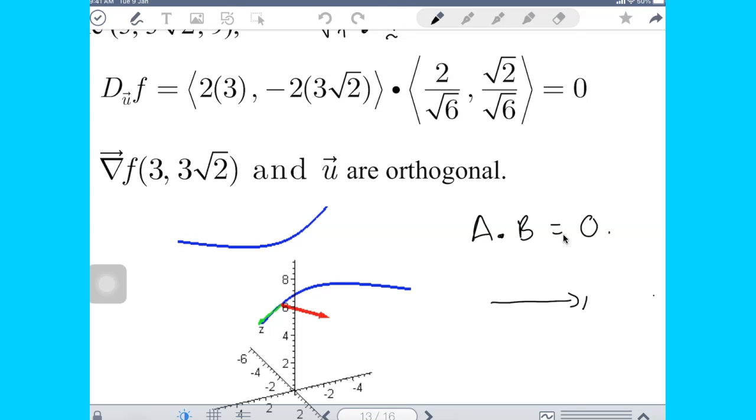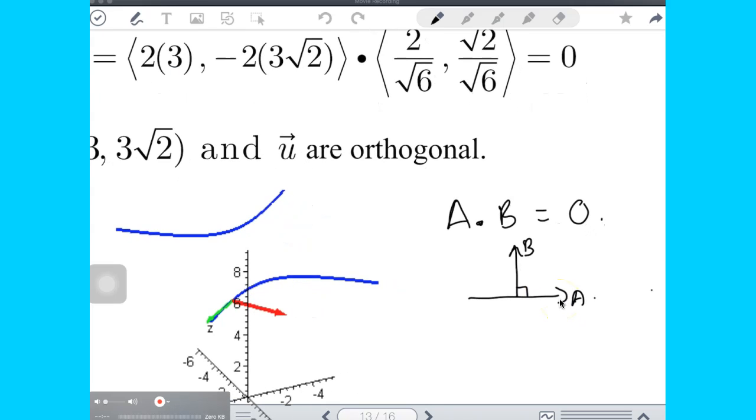So let's say this is A, and this is B, and they are perpendicular to each other, or we can say that A and B are orthogonal. In this case A is the gradient f and u is the unit tangent vector. So we can say that the gradient f and the tangent vector are perpendicular to each other.